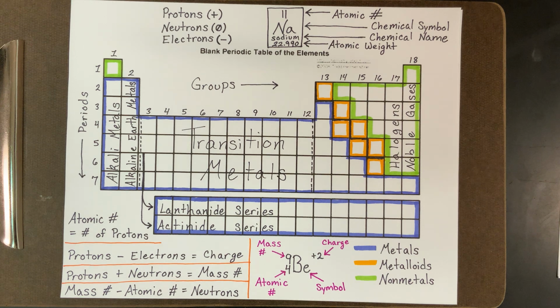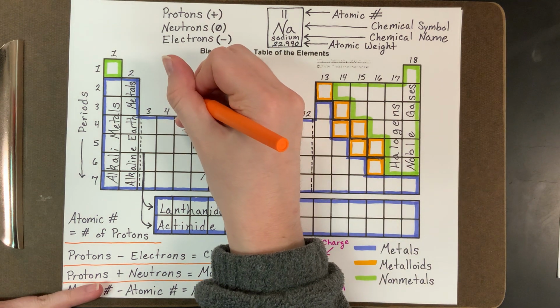When I'm looking at the periodic table, if I am looking at the group number, I can determine the number of valence electrons.